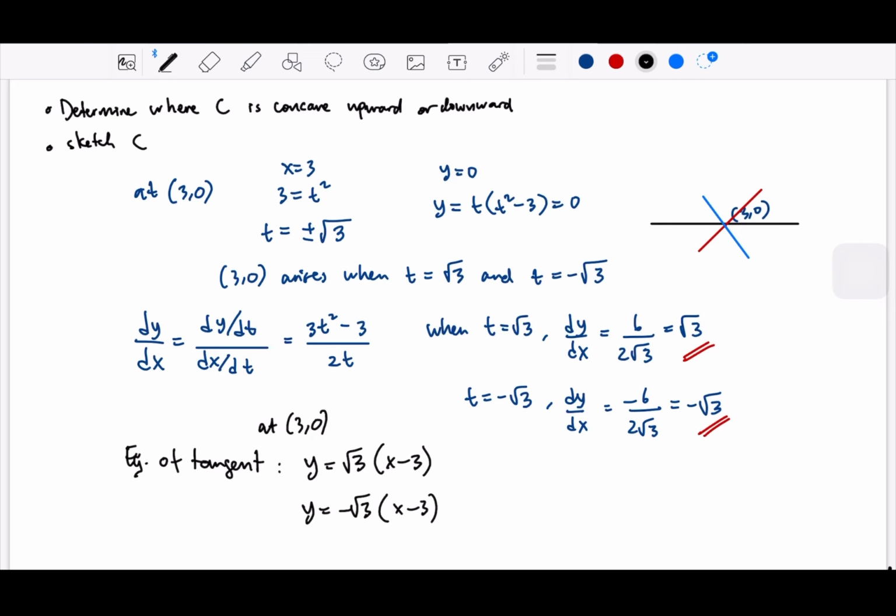Okay, you can try the rest of the questions. For example, the tangent when it is vertical or horizontal. You could imagine when the slope is 0 and when the slope is infinite, right? Concave upward or downward means the second derivative is positive or negative, greater than 0 or less than 0, right?